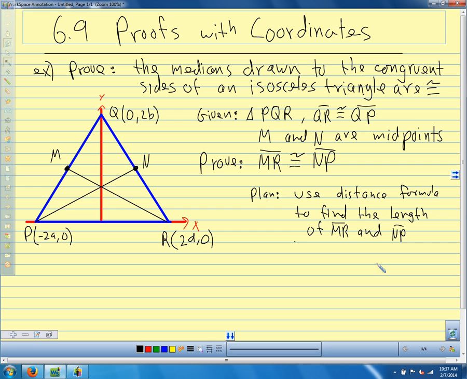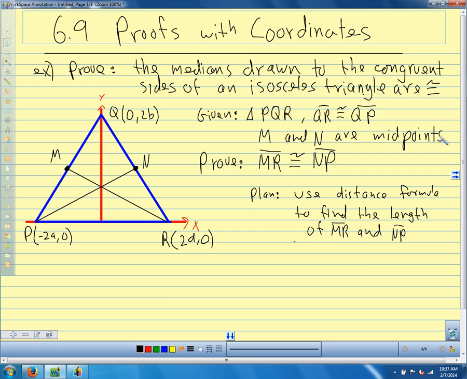Well, we need one other piece of information first. We don't know the coordinates of M and N to use our distance formula. We need an x1 and an x2 and a y1 and a y2. We don't have those. How can we find those for these points M and N? What did we figure out about point M and point N?